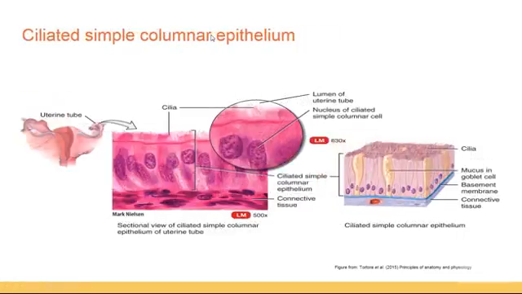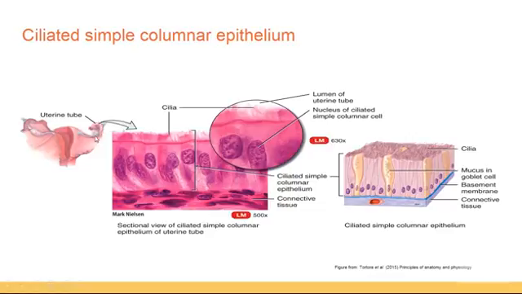Ciliated simple columnar epithelium, and so here you can see that we have got cilia, and you can see here that they're much, much larger and longer than what the microvilli are, or those hair-like projections. And again, we see these in areas where we want some form of secretion occurring. And so the example that you've got here is from the fallopian tube or the uterine tube.